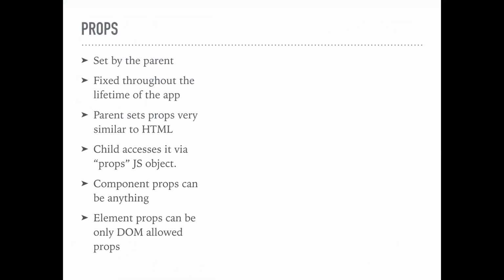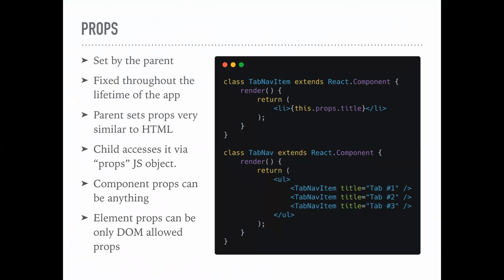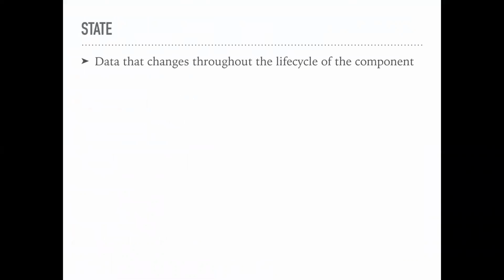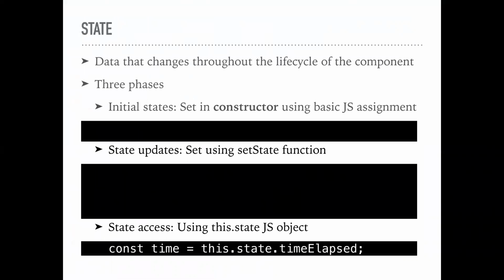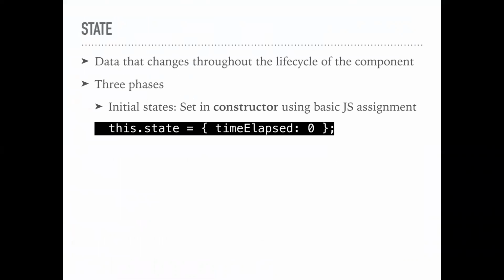This is proper, but I said that properties are, you cannot change a property, right? You cannot change it from the child. If I want to change a property over time, I need to use a state. The state has three phases. When you create it, you need to have an initial value. Makes sense?